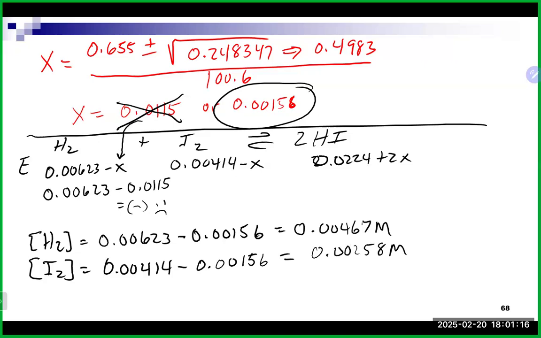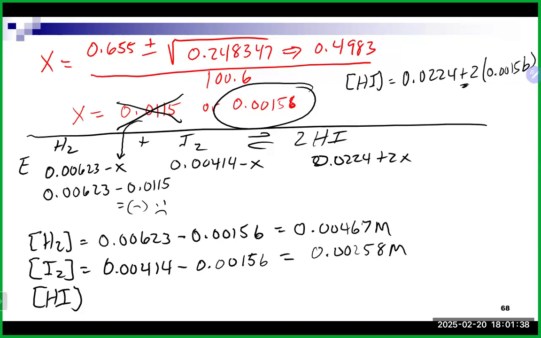And lastly, our HI. I'll go a little higher since it's a little low for people to see. HI is going to be 0.0224 plus 2 times 0.00156. Remember, this is a plus. A very common mistake people make at this point, since they're used to minusing x's, is to subtract rather than add.